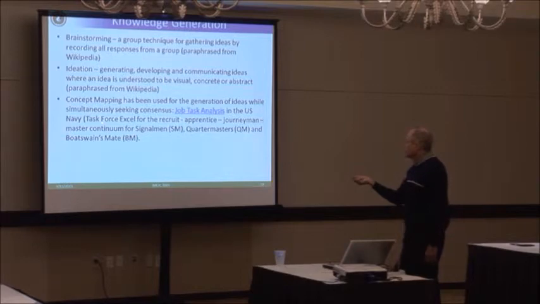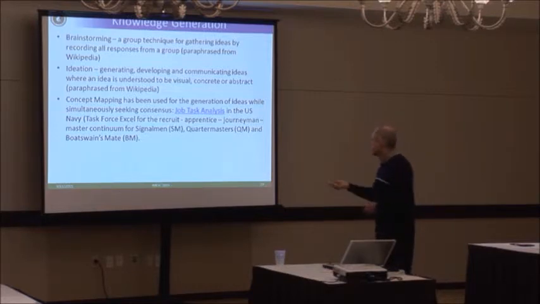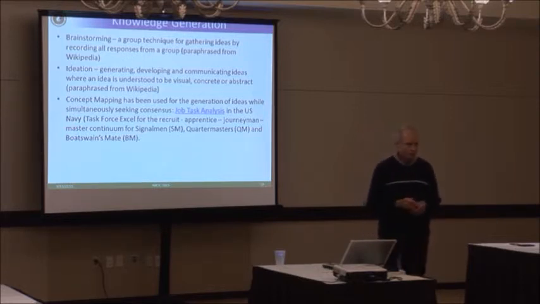This was work that we did in Norfolk Naval Station with Task Force Excel, in which the Navy was trying to figure out the career progression, the career continuum, from recruit to apprentice to journeyman to master for signalmen, quartermasters, and bosun's mates.